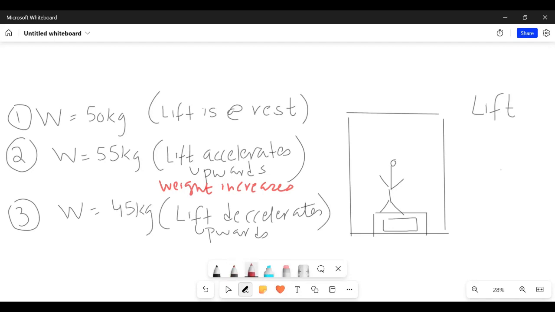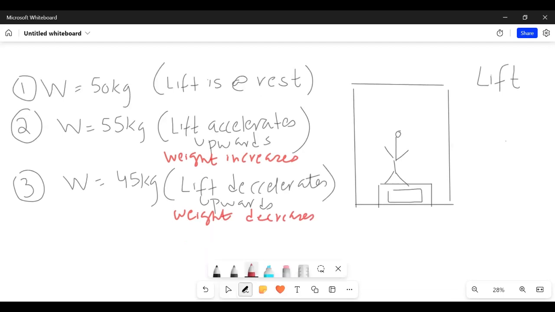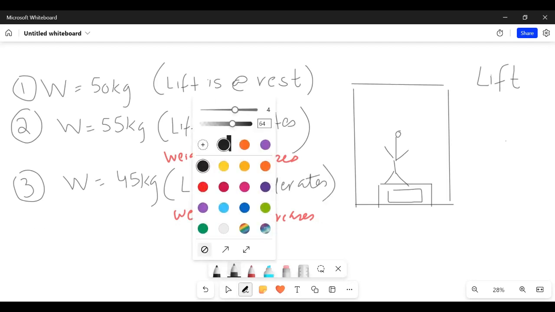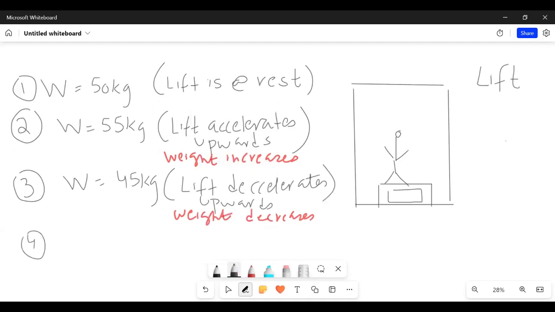So his observation is that weight decreases. And the fourth scenario is that the lift stops. So now the weighing scale again shows a weight of 50 kgs.